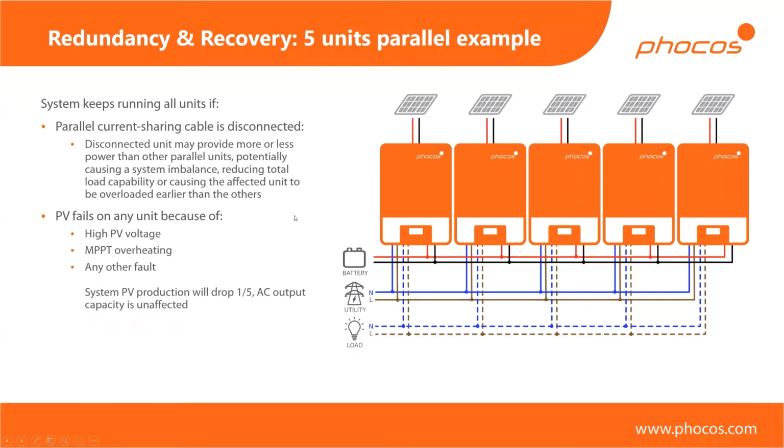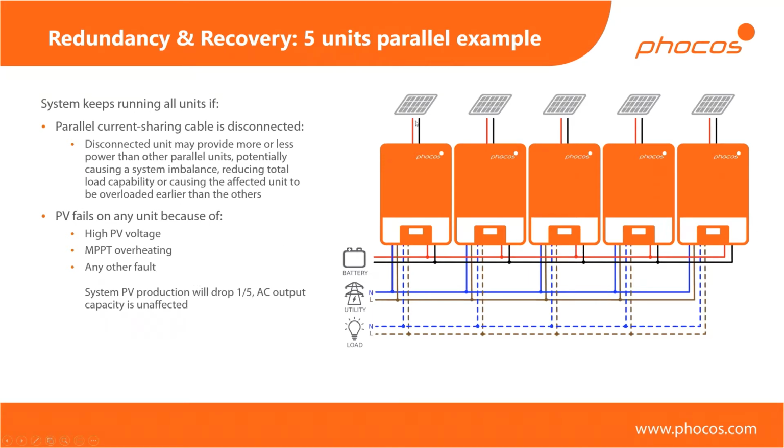PV might fail on any of the units because of a high PV voltage. It might be very cold, so the PV voltage might be higher than normal. The MPPT might be overheated completely, which is extremely unlikely, because if it starts getting too warm, it will simply derate a little bit. But hypothetically, if it were overheated, then at some point PV would have to shut off.